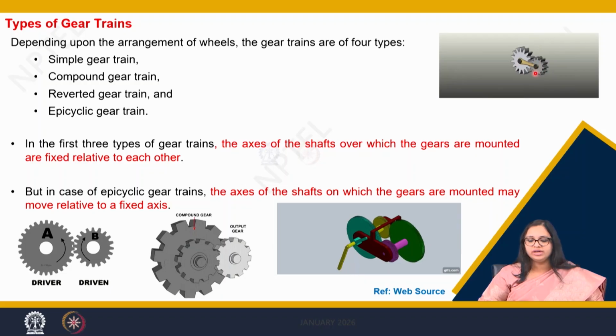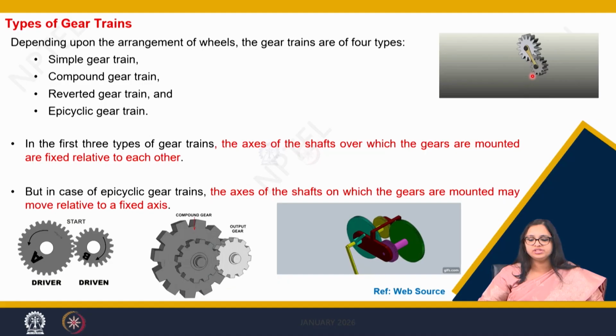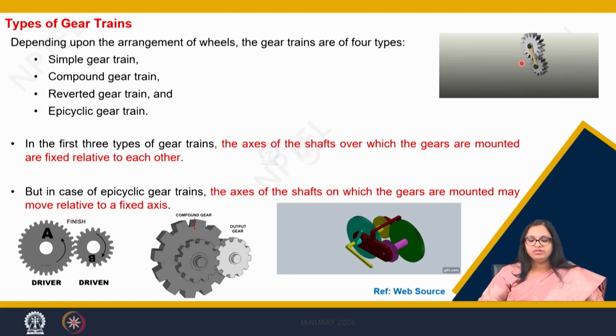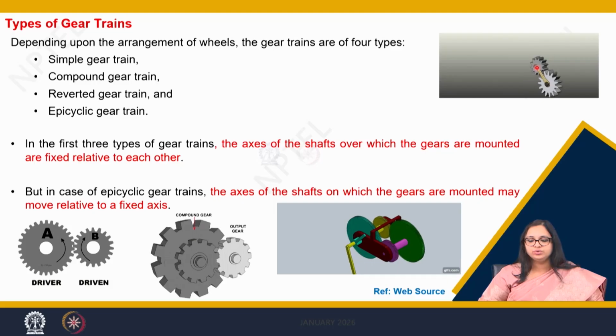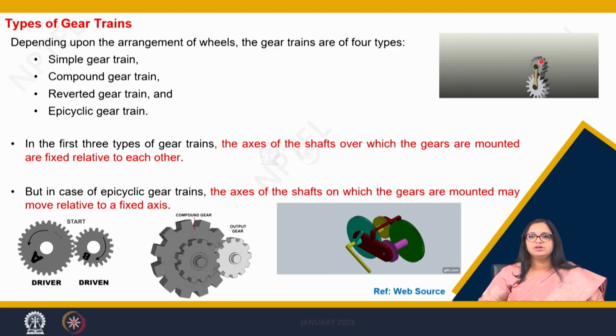So here one shaft is fixed, however the other shaft is not fixed, and the other gear is revolving around this smaller gear and is attached to this configuration through this arm.